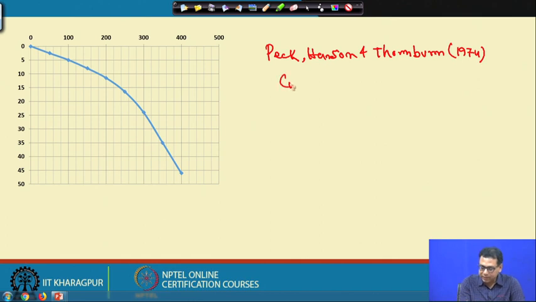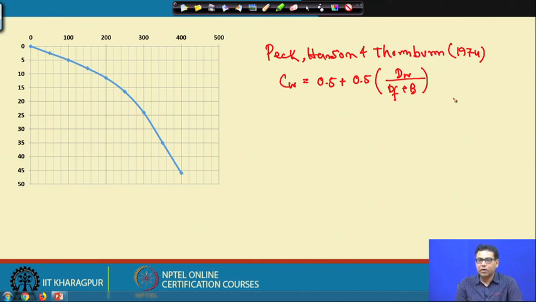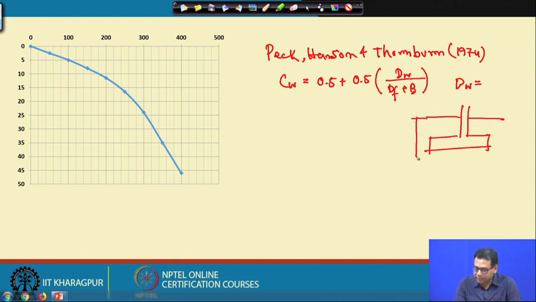In their case, CW is equal to 0.5 plus 0.5 dW divided by dF plus B. Here dW is measured from the surface, and this is the position of the water table.